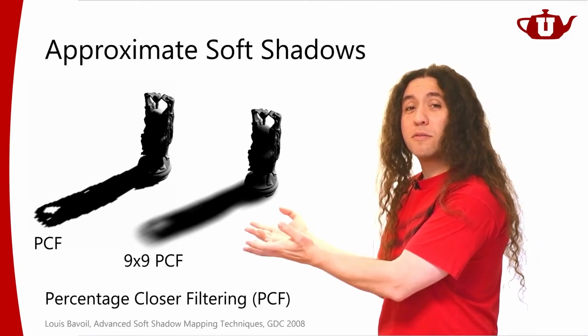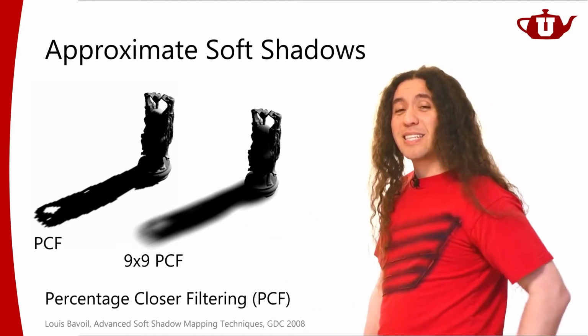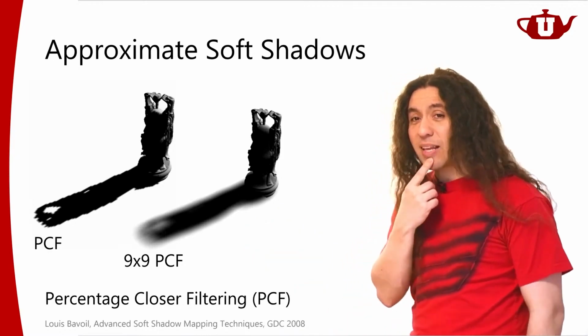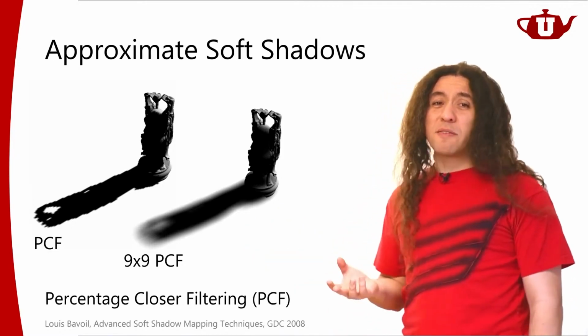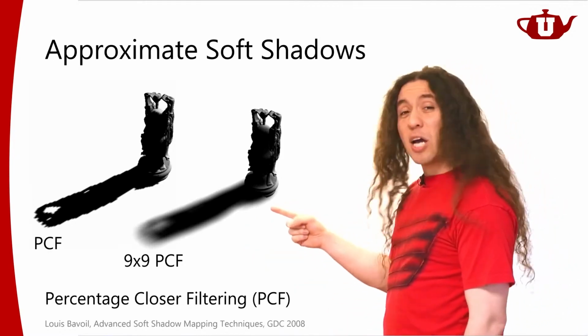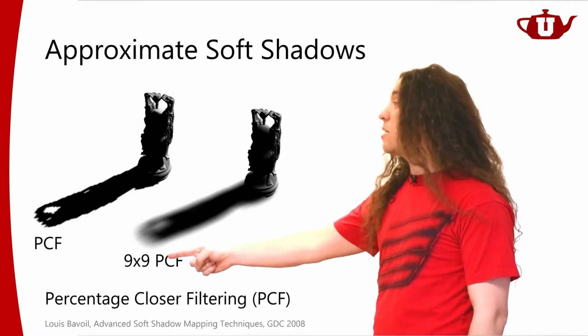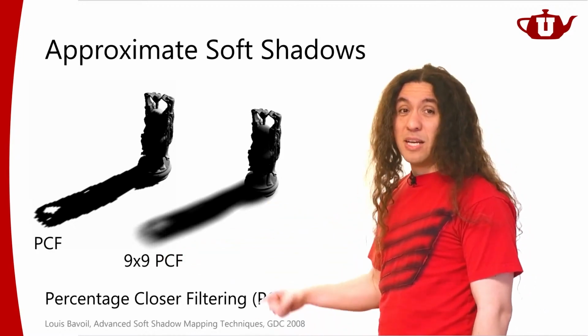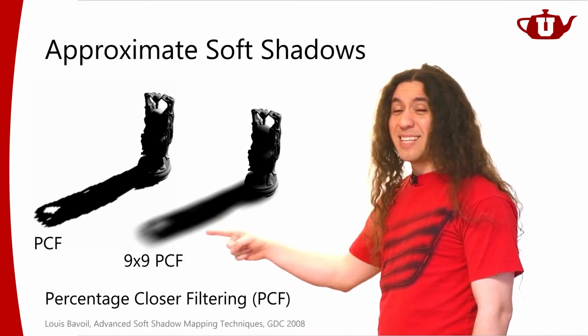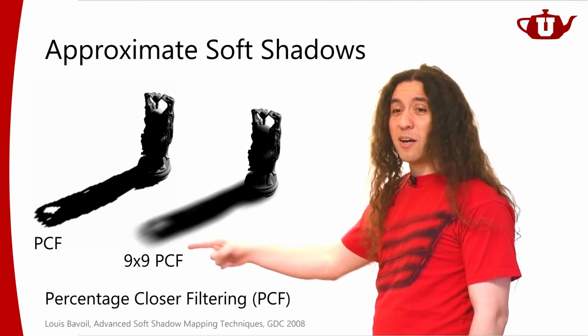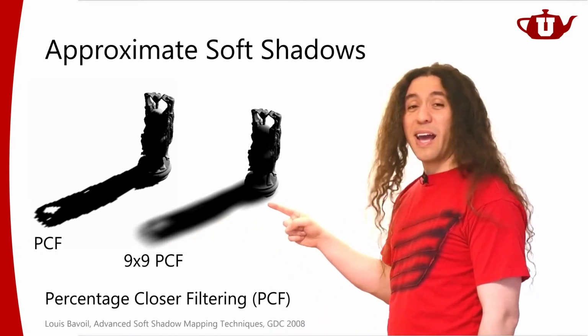No? You're not convinced? Yeah, there's a little bit of a problem though. With typical realistic soft shadows, I would expect the shadow over here to be a little bit harder, right? And the shadow over there a little bit softer. So this is not soft enough over here and not hard enough over there.